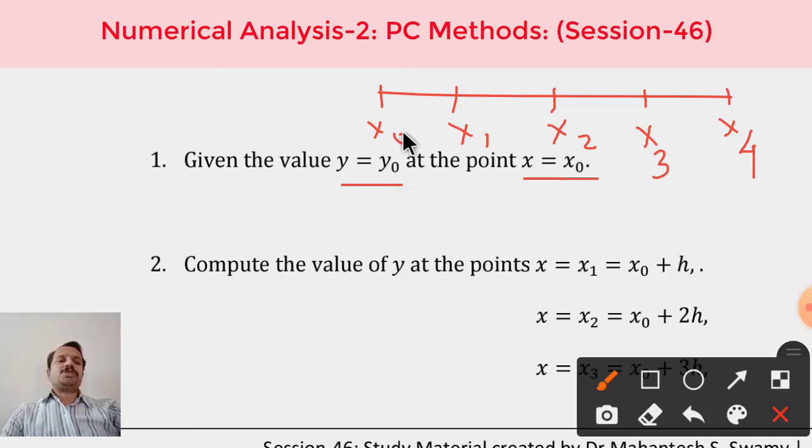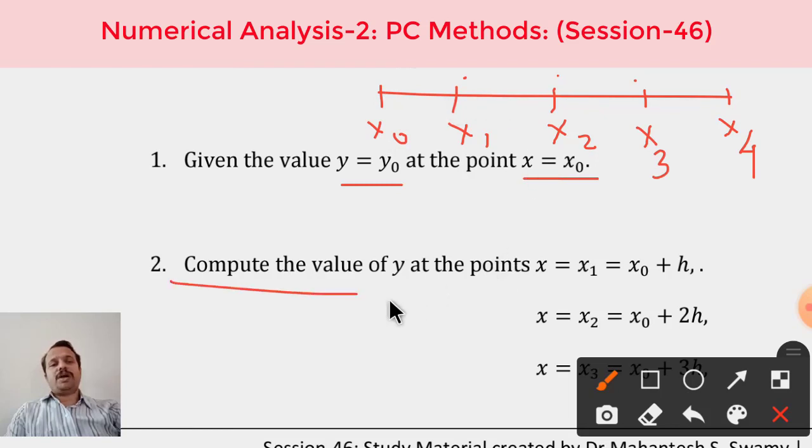This x0 will be the given point. It will be given in the initial condition. The value of x0 and the corresponding value of y0 will be the given initial condition. And using that, you can go on finding the values at the next points, y1, y2, y3. Along with y0, totally four values will be taken as the starting values.